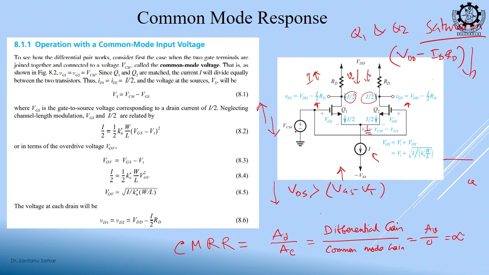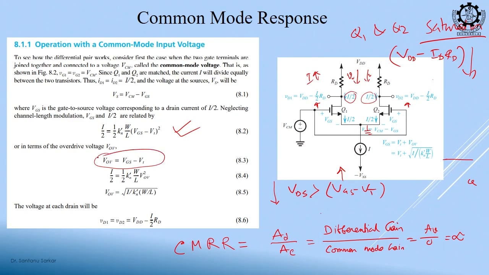Okay. So, how to calculate this? We can calculate the current and then calculate all of this. So, what is the current in each branch? I by 2 equation: in saturation, I by 2 equals half Kn dash W by L times VGS minus VT whole square, that we know, the square law. Okay. And now we can define VGS minus VT as VOV, the overdrive voltage.